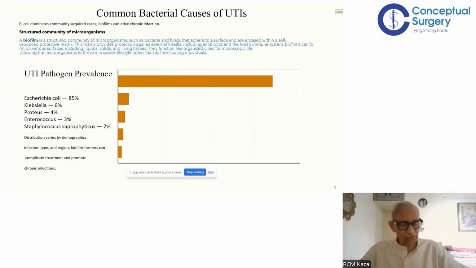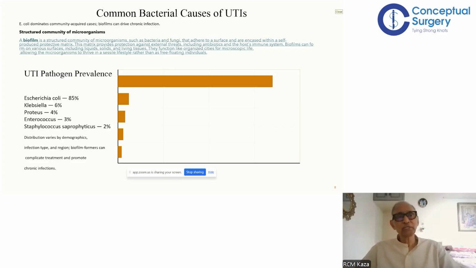Now, I'd like to say a few words about a biofilm. What is a biofilm? It's a structured community of microorganisms. So that means in any tube, for instance, a catheter, or even in a liquid and a solid, you can have a situation where a certain community of organisms will encapsulate themselves with a matrix.